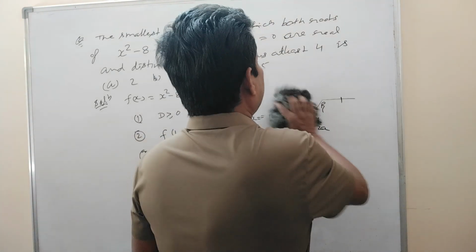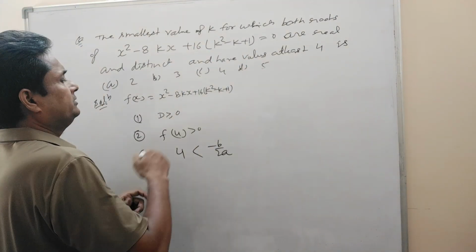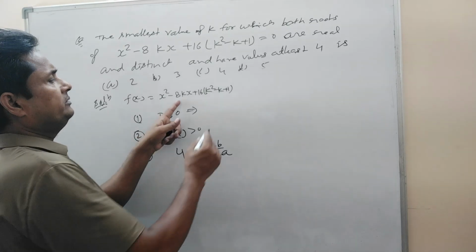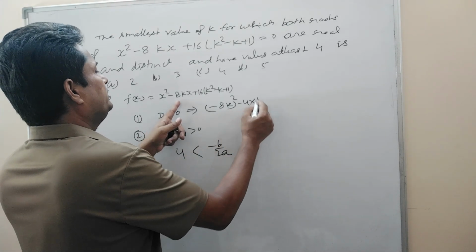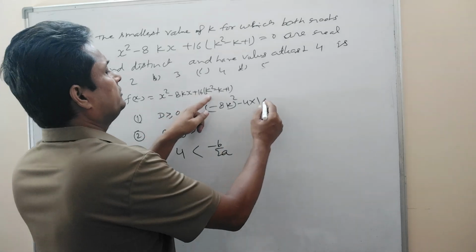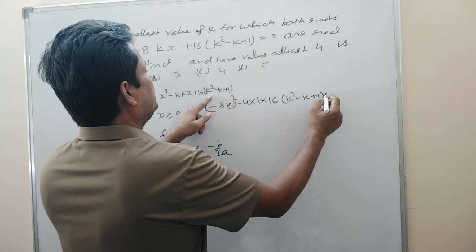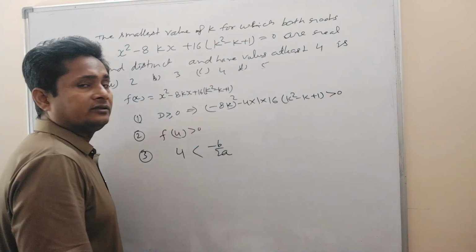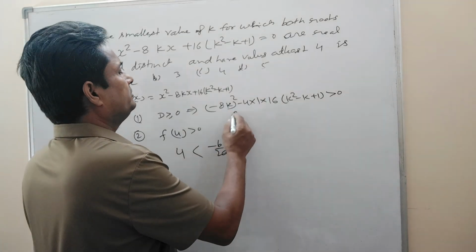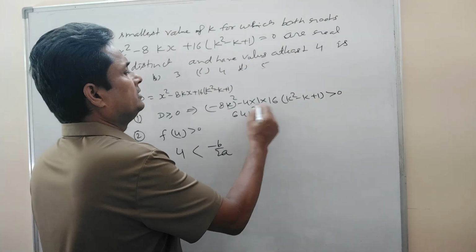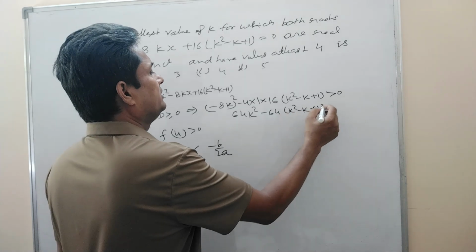So now solve these 3 conditions. First set is discriminant greater than 0. Solve this one. Discriminant will be minus 8k whole square minus 4 into a, which is 1, and c is 16 times k square minus k plus 1, and this must be greater than 0. Now simplify this one. This will be 64k square minus 64 times k square minus k plus 1 greater than 0.